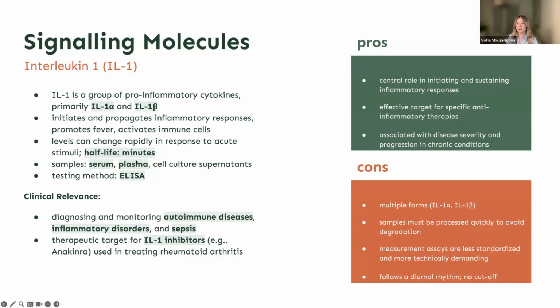There was actually a very famous trial, the CANTOS trial, which was done in order to study how a monoclonal antibody against interleukin-1b can help participants who have already suffered from a heart attack, to see whether this will lower the risk of future cardiovascular events.